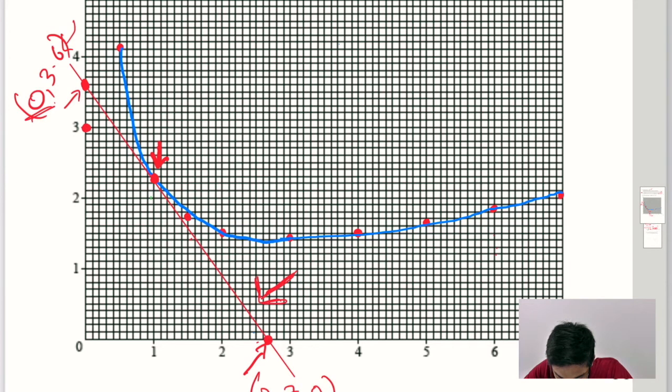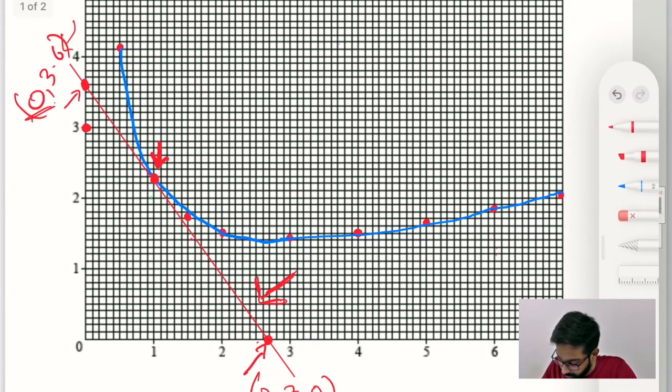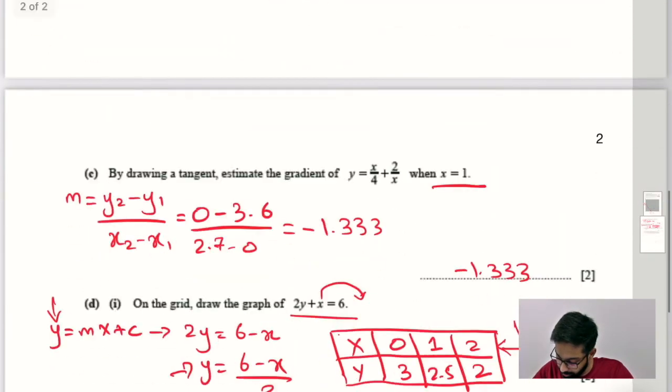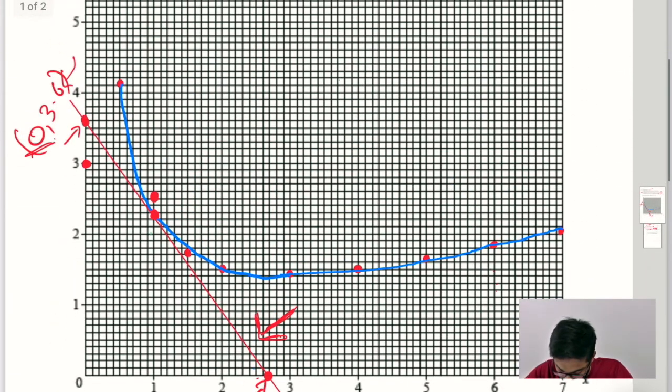Okay, I need to remove this arrow first because it is going to block the coordinate later on. So when I remove this arrow, it is going to be 1 there and then 1, 2, 3, 4, 5. Okay, it is going to be right there. The next point is 2 and 2. So 2 is there and then 2 is there.